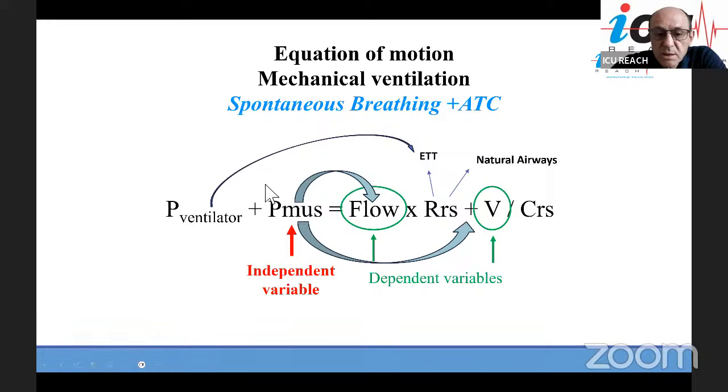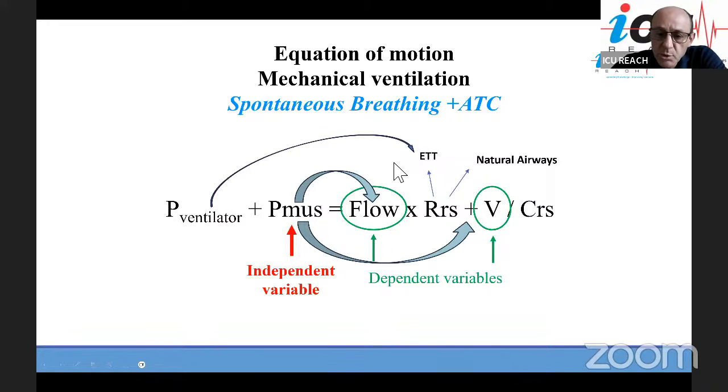And you know that the resistive work that the patient needs to do is dependent on the flow, number one, and number two, the resistance of the airways. So we change that pressure in relation to the flow that is generated by the patient. This way, we can overcome all the resistive load that is imposed on the system by the ET tube.